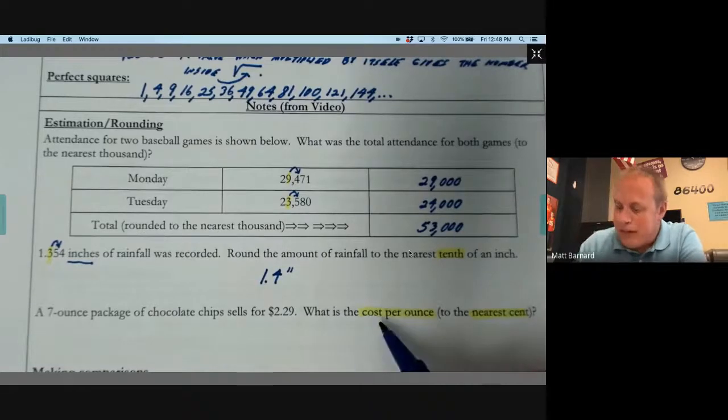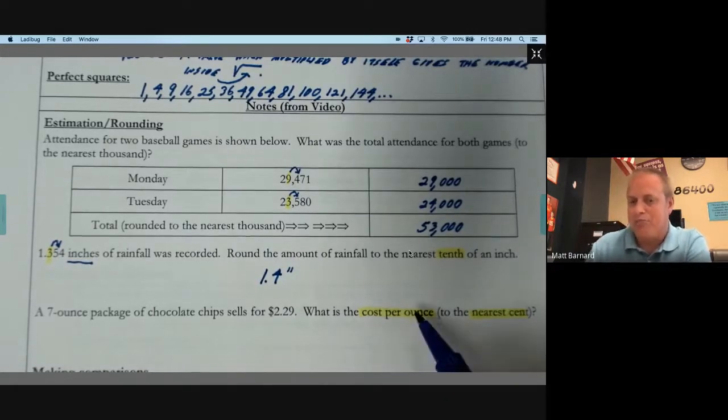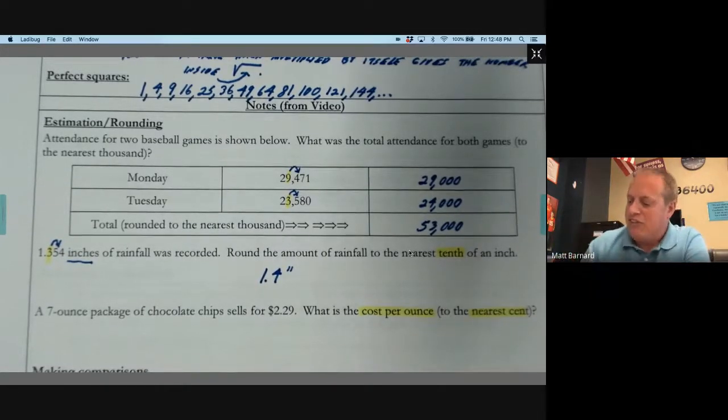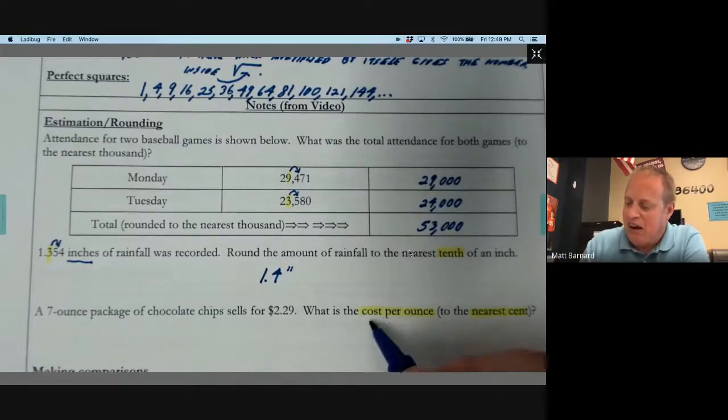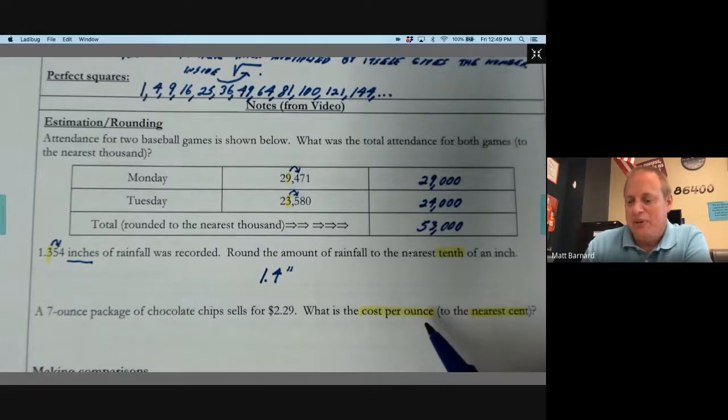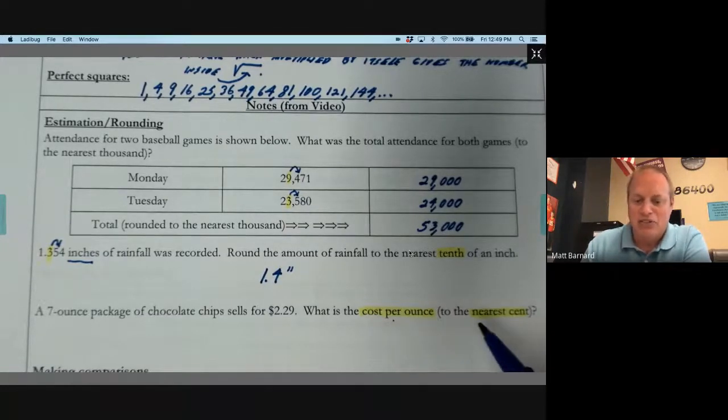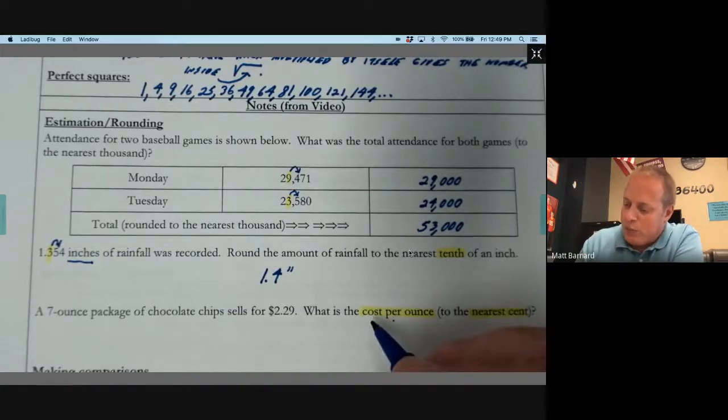Now, we're going to talk in the next few concepts about this vocabulary. And so we see this word per, cost per ounce. And what that's really telling us to do is it wants to take the cost and divide it by the number of ounces. So we could write that as 2.29 divided by 7.